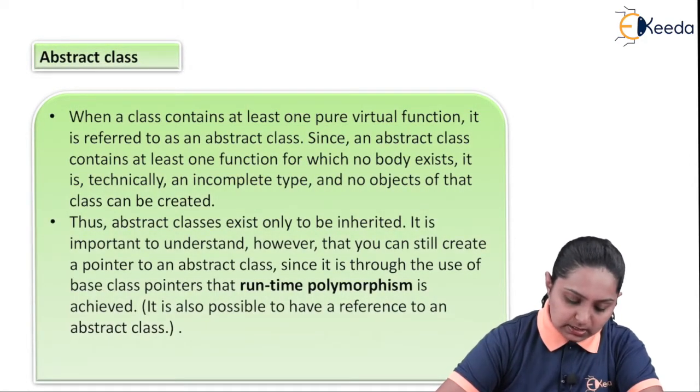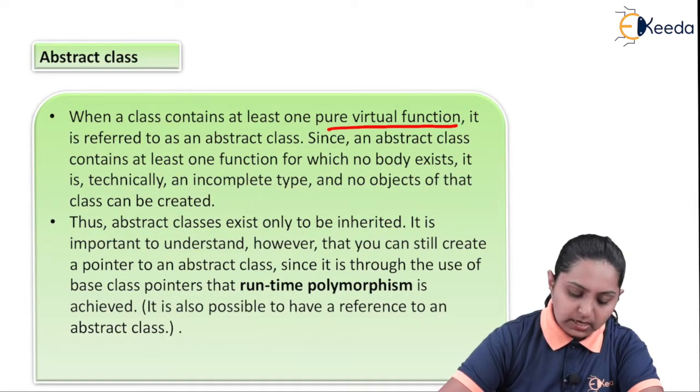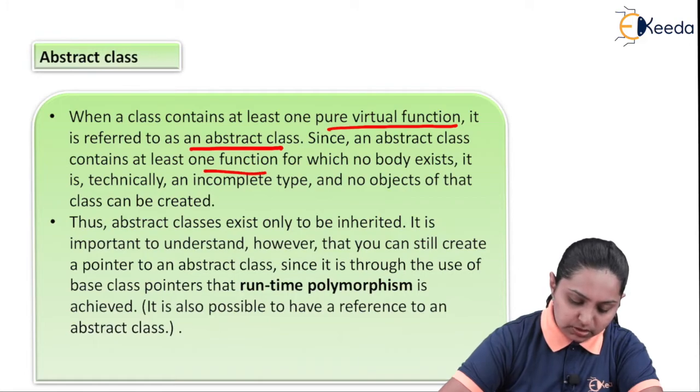When a class contains at least one pure virtual function, it is referred to as an abstract class. Since an abstract class contains at least one function for which no body exists, it is technically an incomplete type and no object of that class can be created.